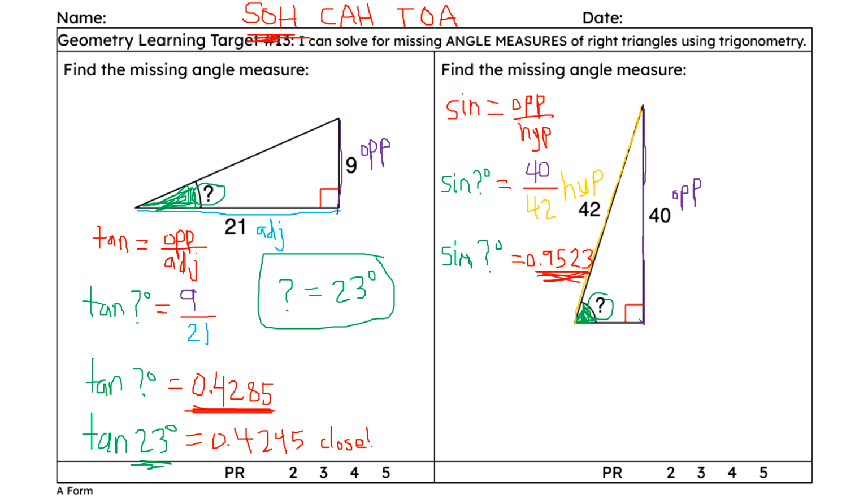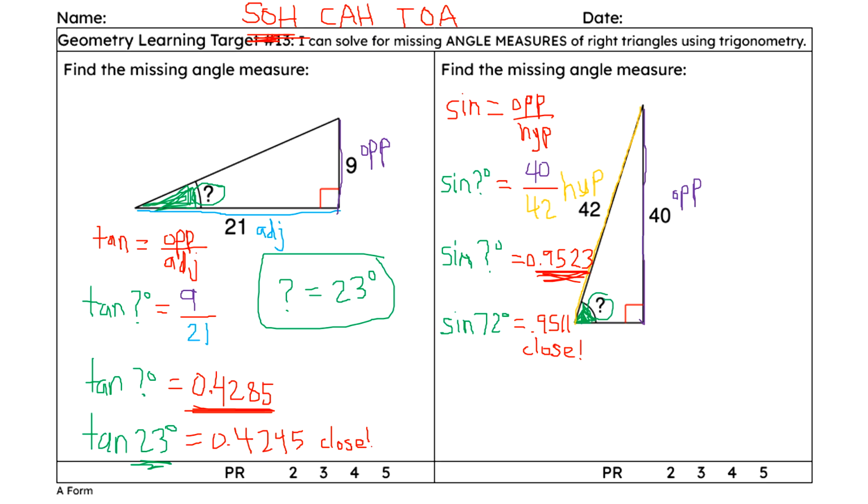All right, so the sine column approximates 72 degrees at 0.9511. And that is really close. So we're going to go with 72 degrees.